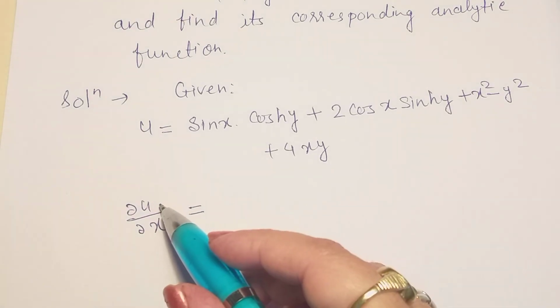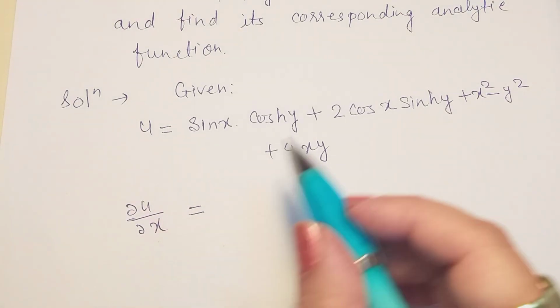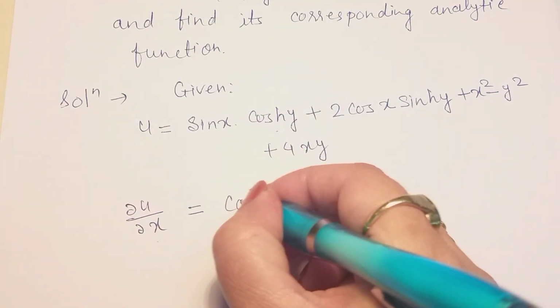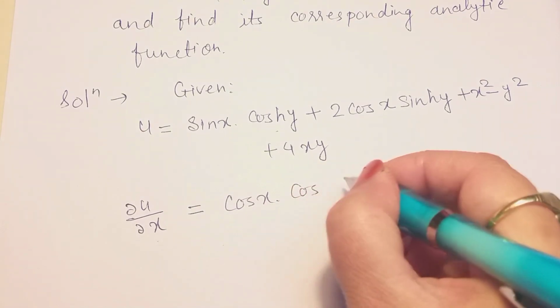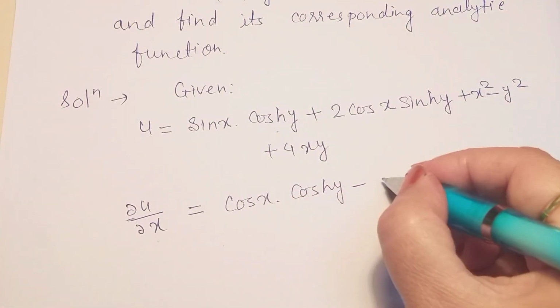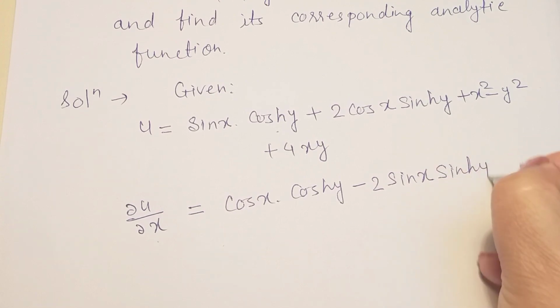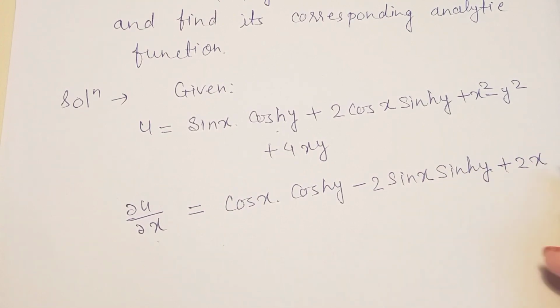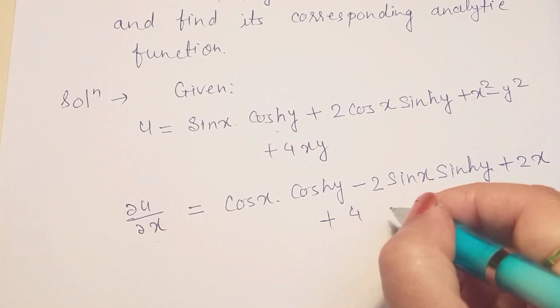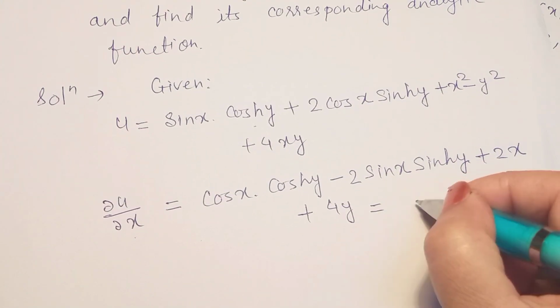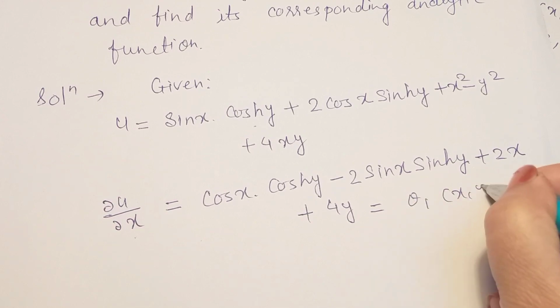When we are differentiating partially with respect to x, that means we are treating y as constant. So it will give you cos x cos hy minus twice of sin x sin hy plus twice of x plus 4y. Okay, we say it theta 1 xy.